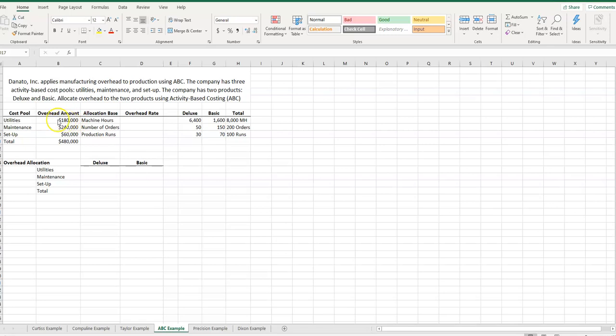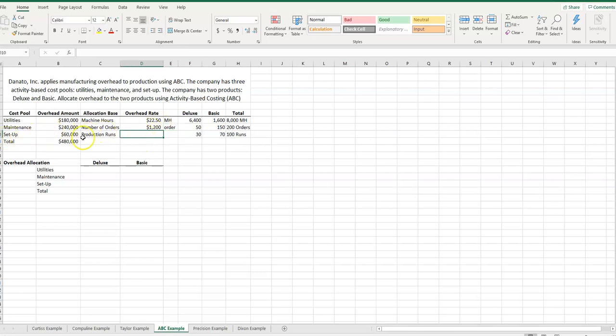For machine hours, we have $180,000 in total estimated dollars, divided by 8,000 total machine hours. That gives us an overhead rate of $22.50 per machine hour. For the number of orders, we take the 240,000 in estimated costs divided by 200 orders, giving us an allocated overhead of $1,200 per order for maintenance costs.